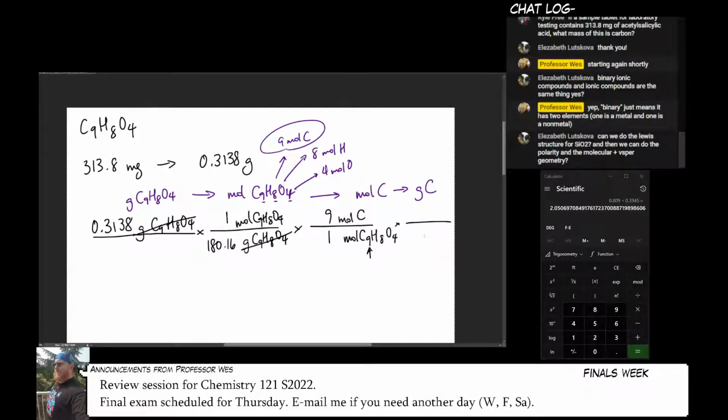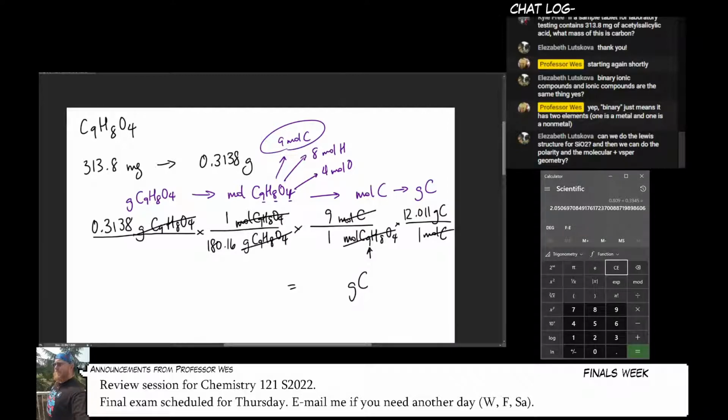And then finally, after I cancel out my units here, there are 12.011 grams of carbon in a mole of carbon. Doing this calculation will give me the mass of carbon, and that is 313.8 times 9 times 12.011 over 180.16.